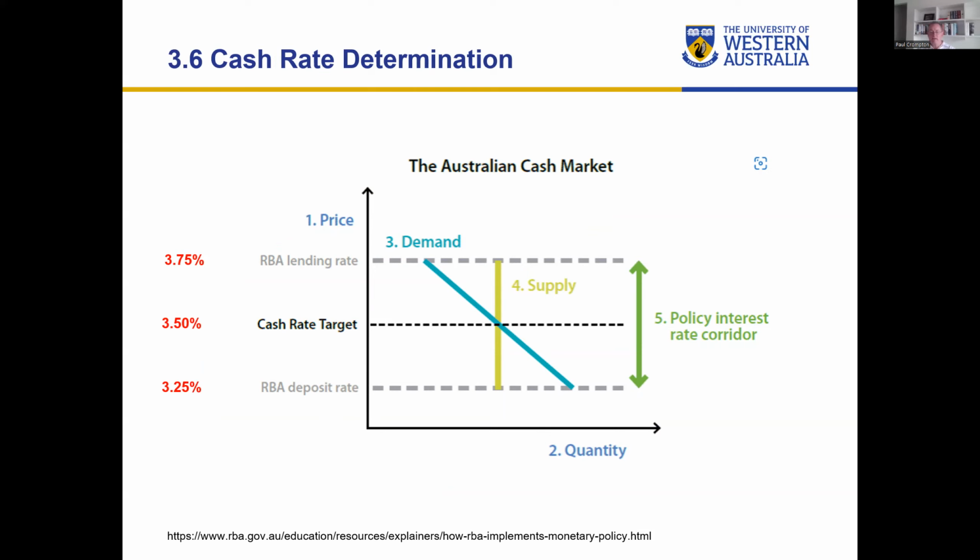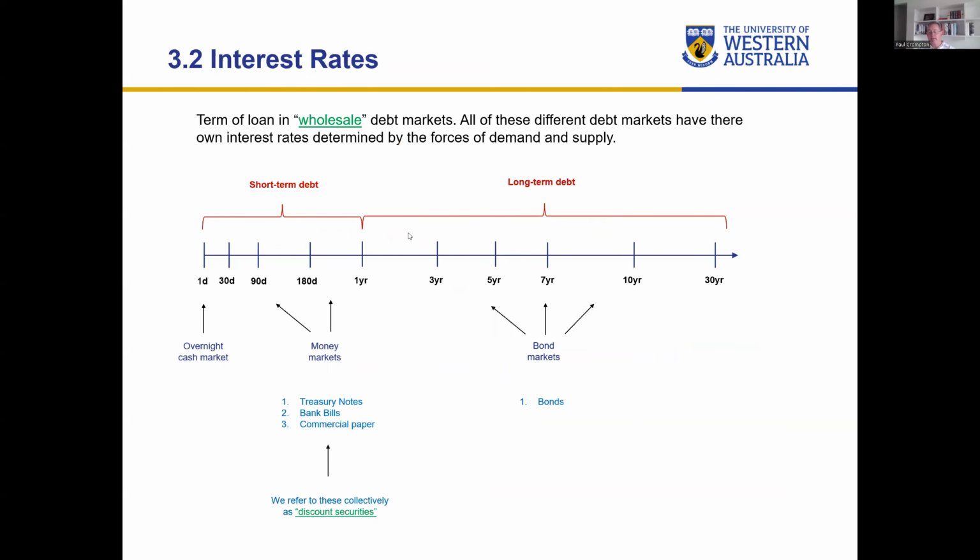Just keep in mind, we'll now be in topic 4, looking at these longer term debt markets, bond markets. But we are moving towards an understanding of how the cash rate affects interest rates such as mortgage interest rates, student loans, car loans, small business loans, etc. Just keep in mind for now, when banks lend customers money, they get about 60% of that money from the deposits, the savings accounts of other customers.